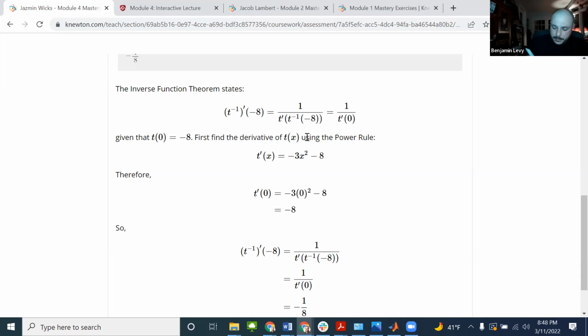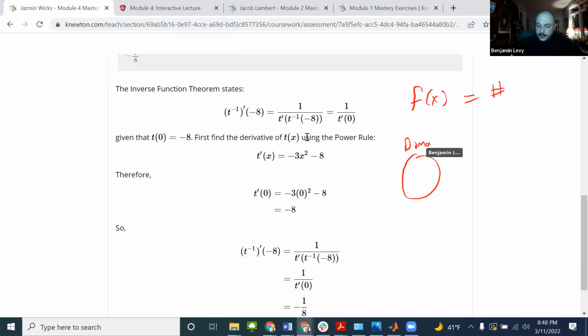A lot of the time, we talk about plugging things into functions, and it equals some number, right? And so f lives over here in the domain.